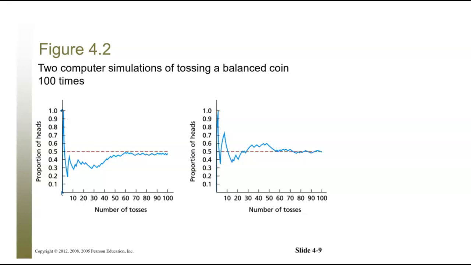When they flipped it 10 times, in this simulation, it looks like it came to almost 0.4. In this other simulation, 10 times was 0.6. But notice what happens on both simulations the more times you flip the coin. Your experimental probability gets a lot closer to that theoretical probability of 0.5.